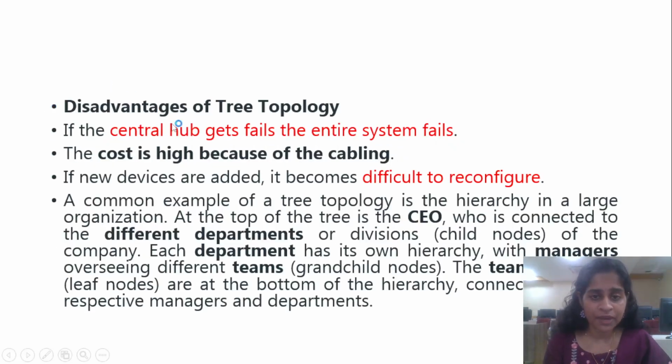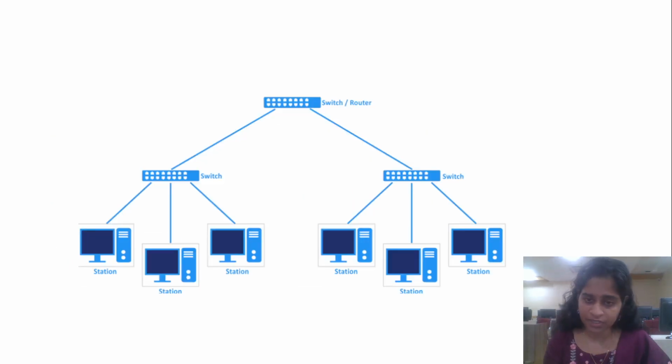But the disadvantage is that if the central hub fails, then the entire system fails, and the cost is high because we have more cabling, which leads to reconfiguration. If the central hub fails, there is no connection between this network and that network.